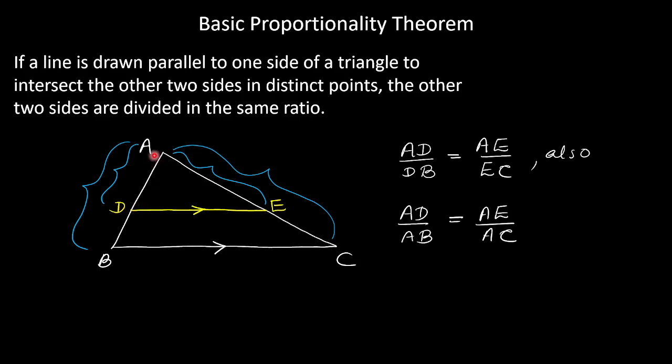If I take AD by AB, the same manner I take AE by AC. Or if the left side ratio was AD by DB, the right side will be AE by EC. So this is the basic proportionality theorem. Proof I will explain later. So all of you please write down.